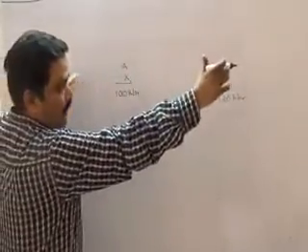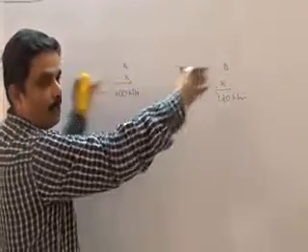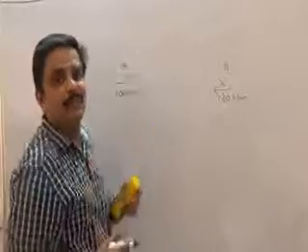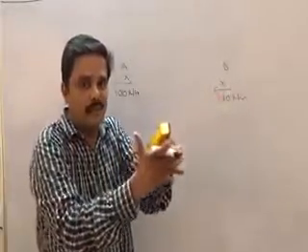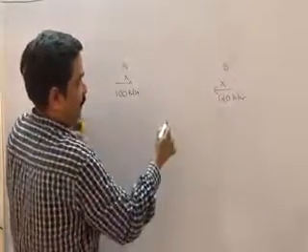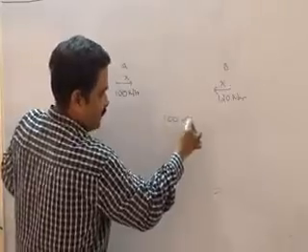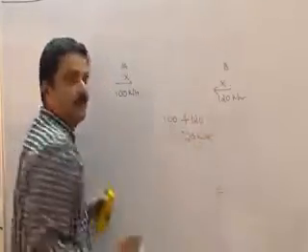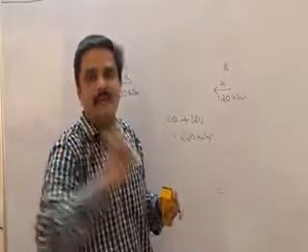Since both are coming towards each other, let us imagine that both started at the same time. Now the relative speed will be 100 plus 120. That should be 220 kilometers per hour, the relative speed.